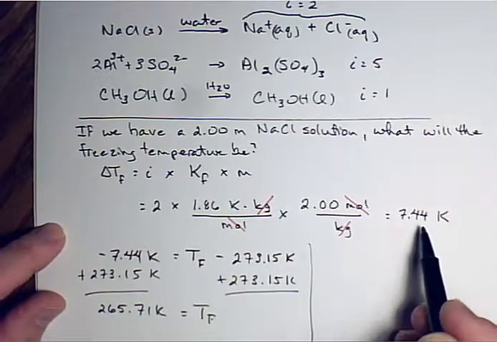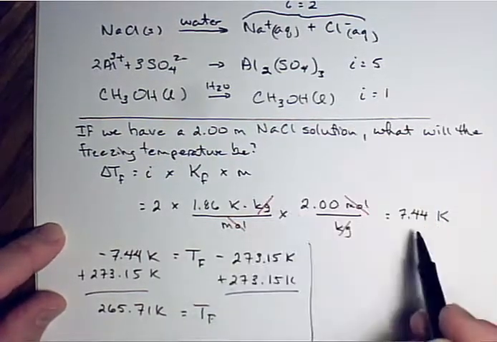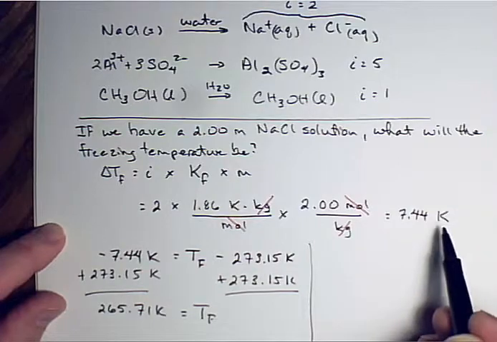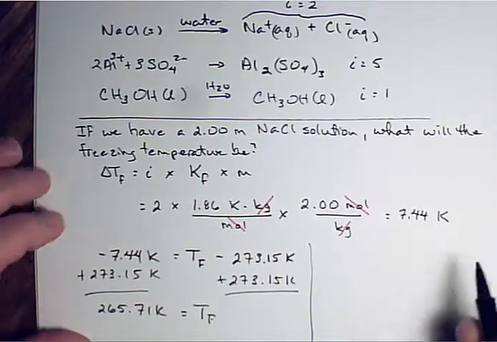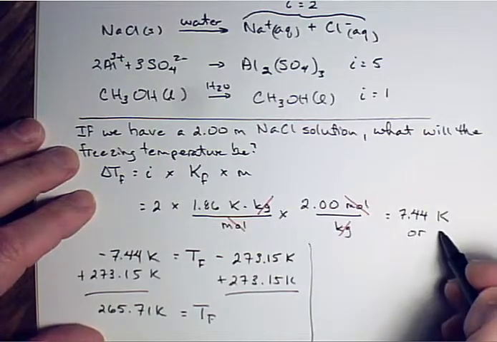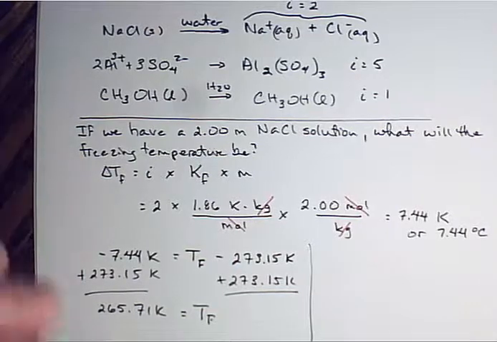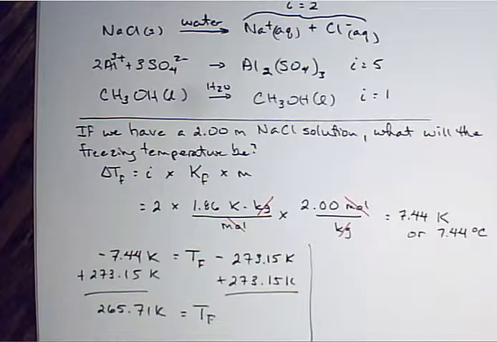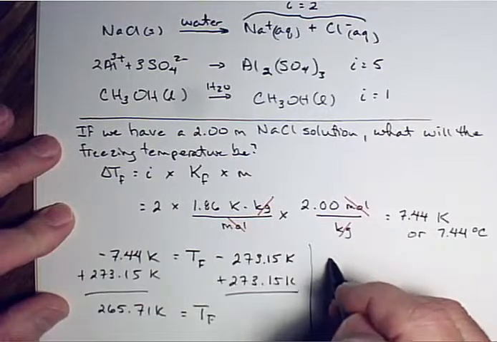Therefore, the change in temperature for this solution, in the freezing temperature for this solution, on the Celsius scale, is 7.44 degrees C. Okay? All right? We're not saying that the temperatures are the same. We're saying the change in temperature is the same. So we could write this equation like this.